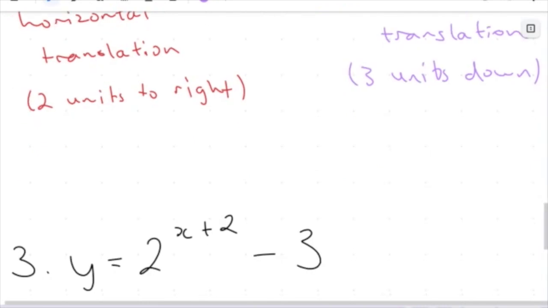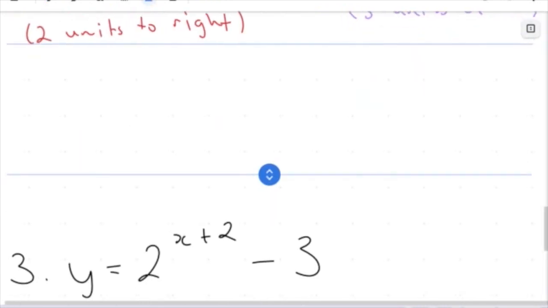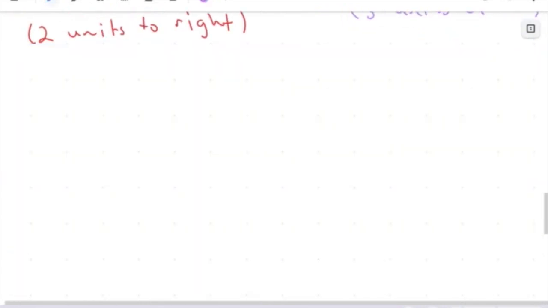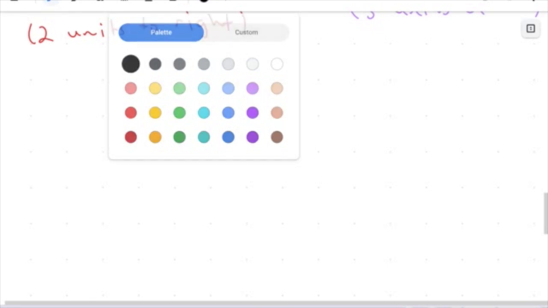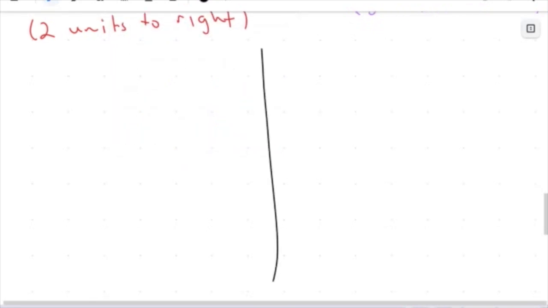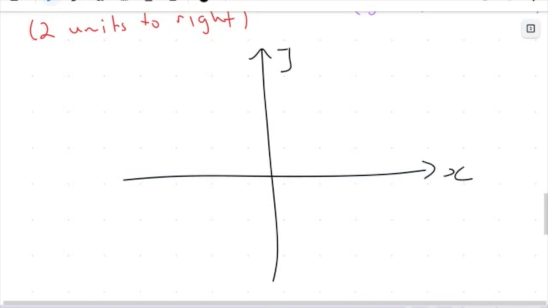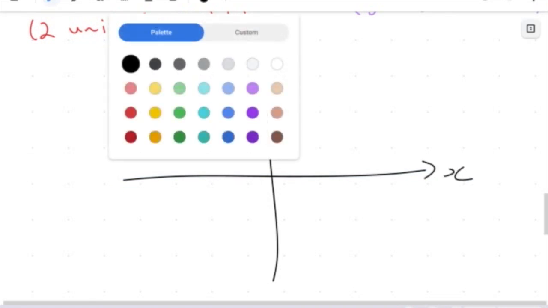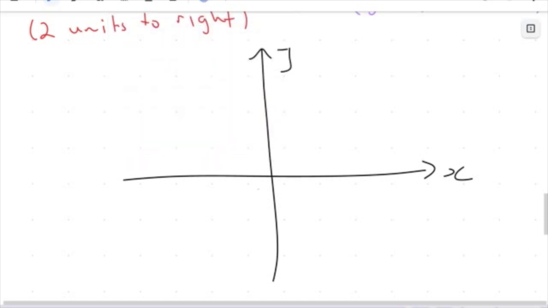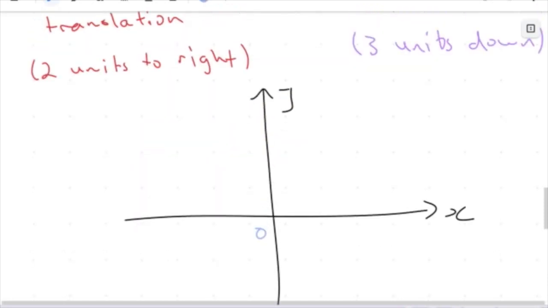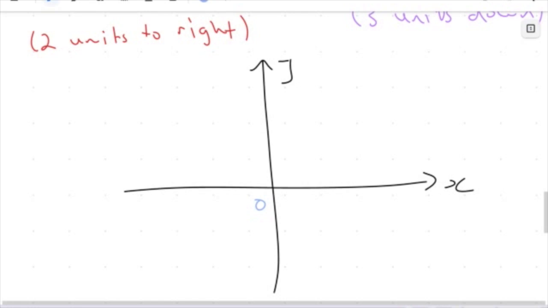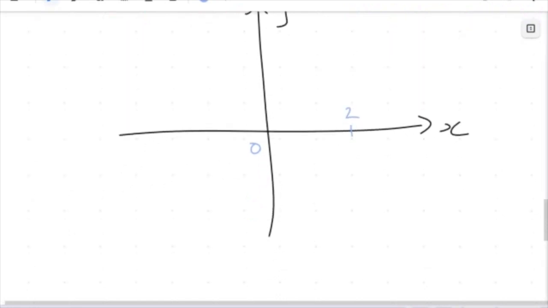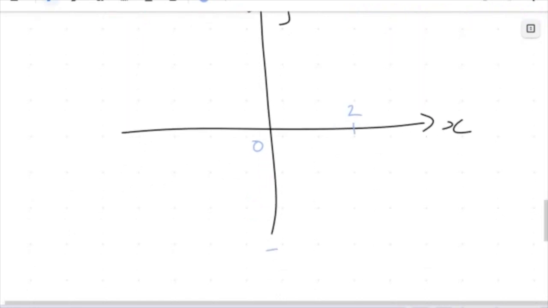Okay, so that means that when we actually graph this out, my center of the circle goes from the origin here to the point 2 units to the right and 3 units down to -3.